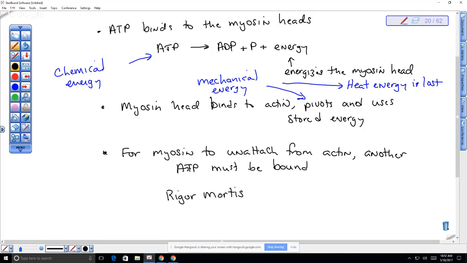But eventually it will go away because the cells will start to decompose, right? But this rigor mortis is due to the fact that you run out of ATP and the myosin heads stay attached. And so the muscle stays contracted, right? So run out of ATP and the muscles stay contracted.